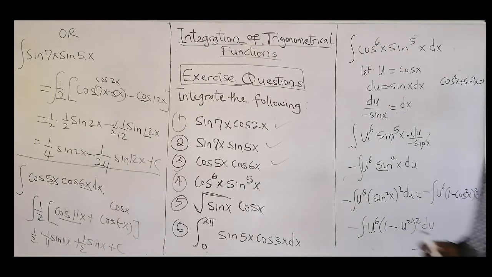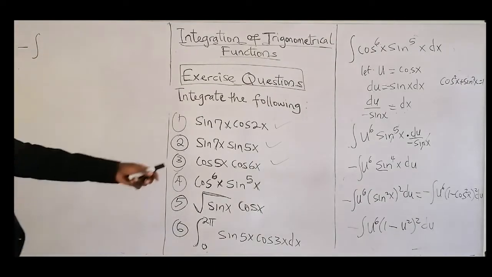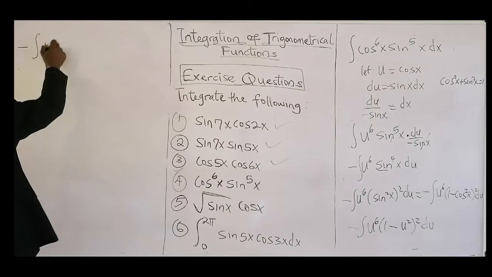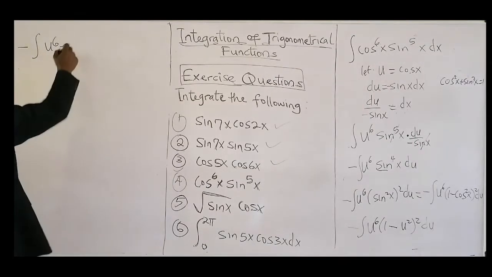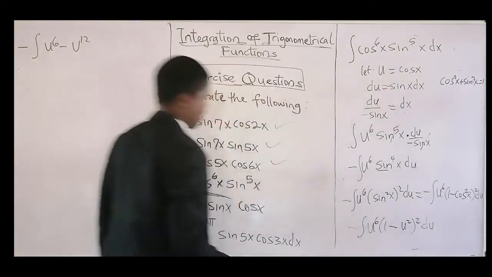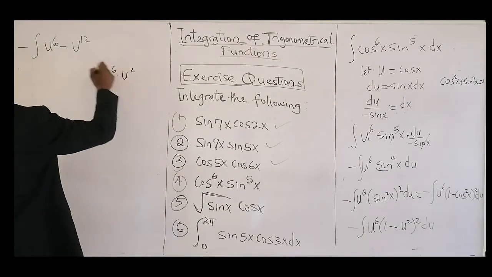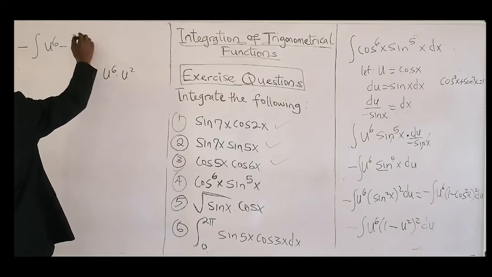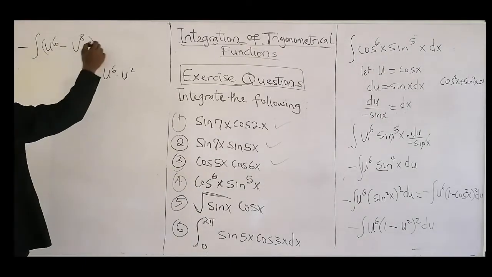So the next thing to do is to do the expansion. Integral of u6, open the bracket, u6 minus 2 u6 u2, that's u8. This one, u6 times u2, by using indices, that's u8. Then u6 times u4 gives u10.